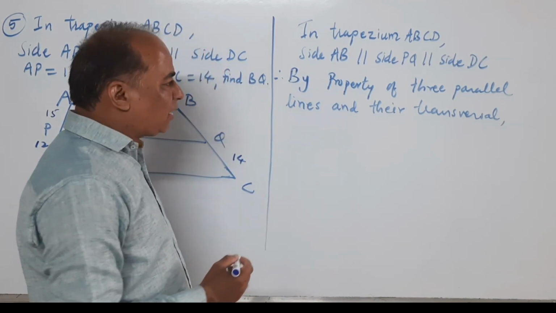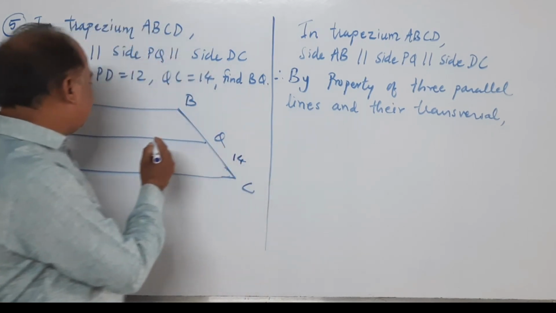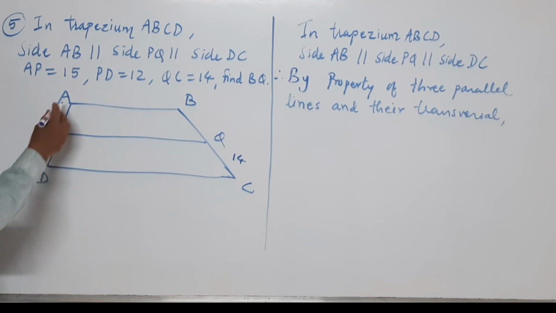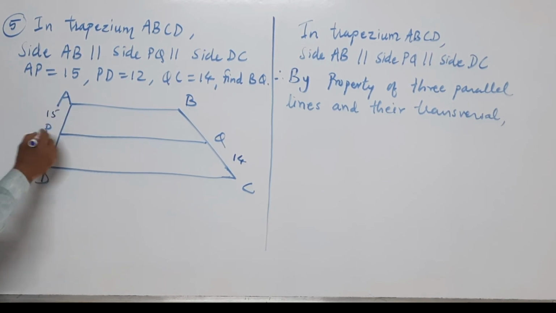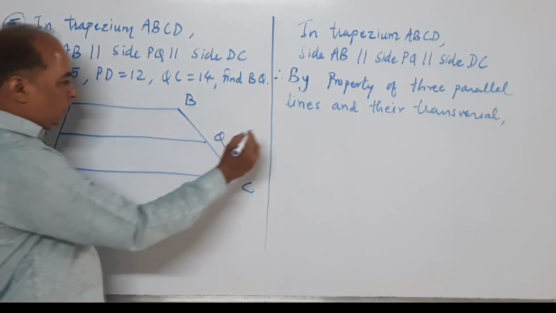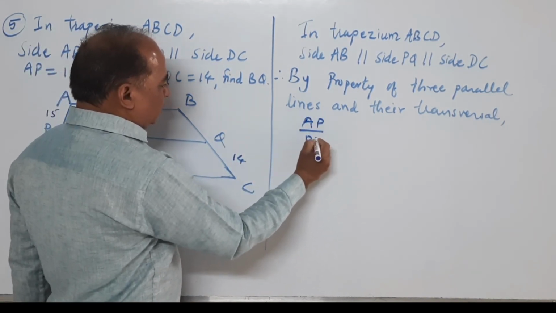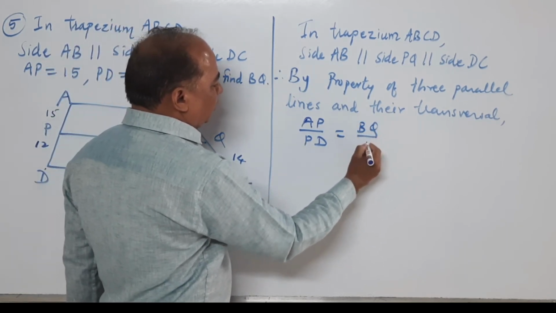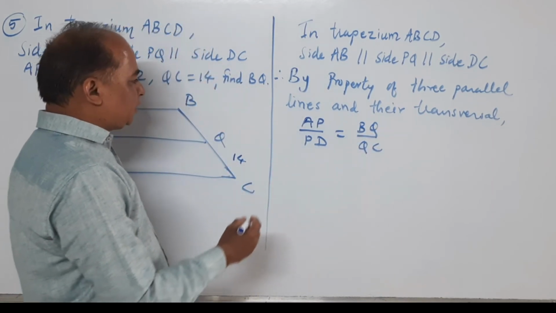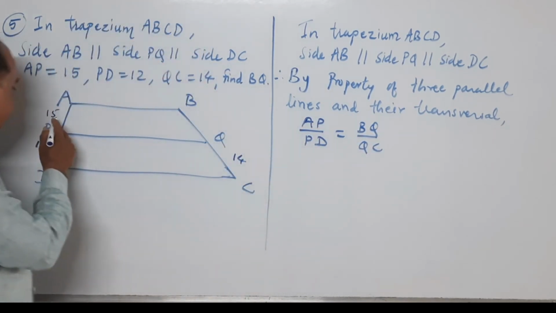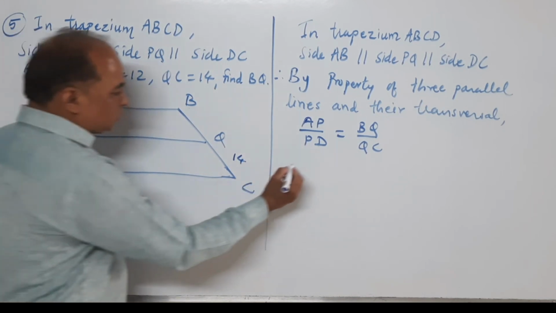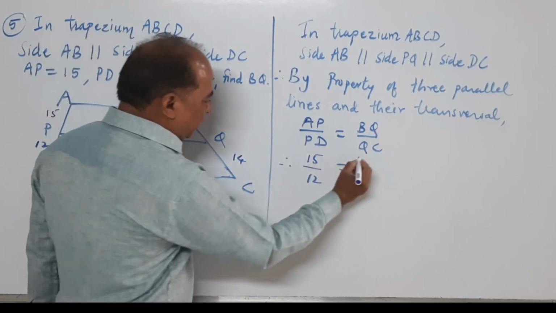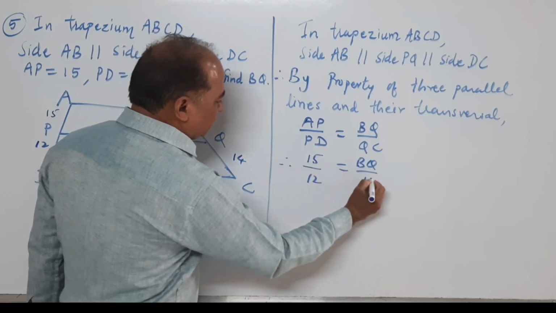Therefore, by the property of three parallel lines and their transversals, AP upon PD is equal to BQ upon QC. Substituting the values, 15 upon 12 is equal to BQ upon 14.